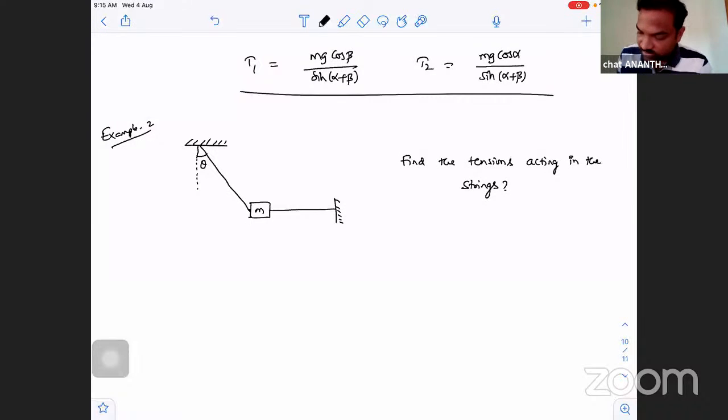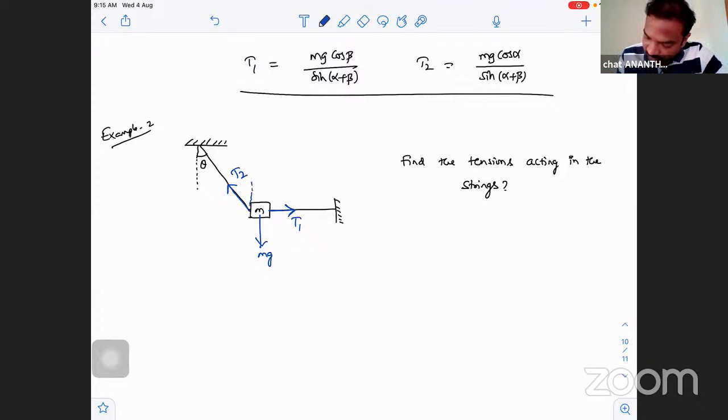So what are the forces acting? I'm drawing directly on the diagram. mg is the one force acting vertically downward. It's a common force. Next, tensions will act along the string and away from the object. T1 will act horizontally, but T2 will act along the string and away from the object.